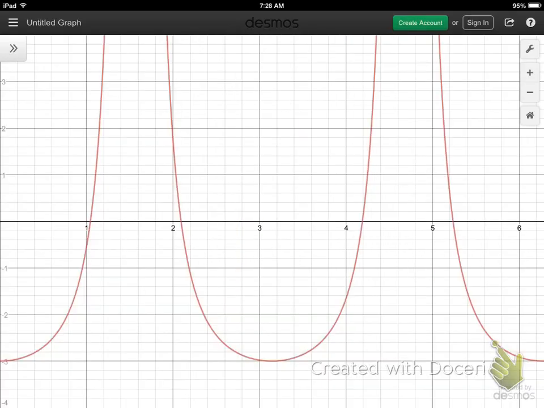So when I come to my Desmos graphs, what that tells me is that this point right here is pi over 3. This point is 2 pi over 3. This one, not 5 pi, 4 pi. And 5 pi over 3.